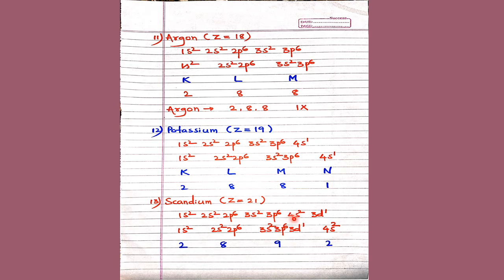For 3d, what is n plus l? n equal to 3, and l for d, how much? s equals 0, p equals 1, d equals 2. So the l value for d is 2. So 3 plus 2, 5; and 4 plus 0, 4. The one whose n plus l value is less will have the lower energy level. So this is strictly according to the n plus l Bohr-Bury rule. So 4s fills first, then 3d fills next.